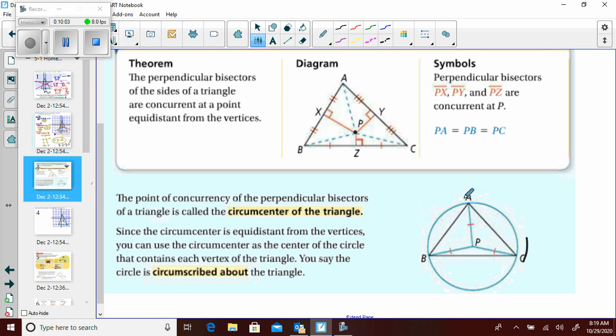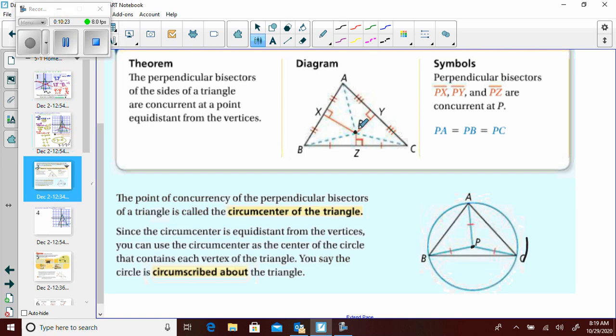So if I could put a circle perfectly around this triangle, intersecting each one of those, this point P would be the center. The radius is equidistant from all parts of the circle.